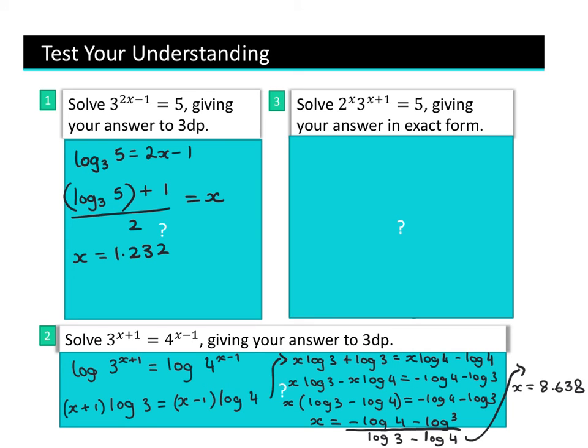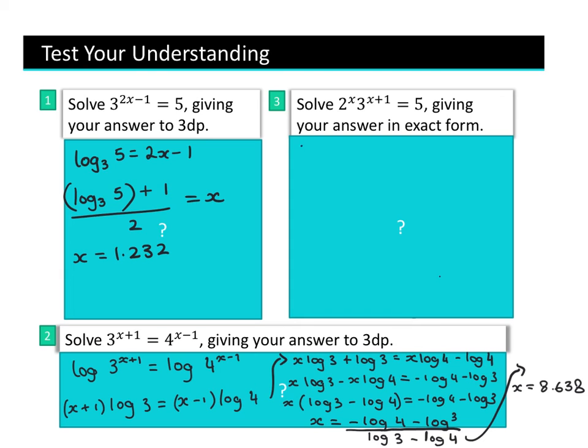So, solve 2 to the power of x multiplied by 3 to the power of x plus 1 equals 5, giving you an answer in exact form. Now, it is clear to see here that we have different bases, so I'm going to take log to both sides, as we know.